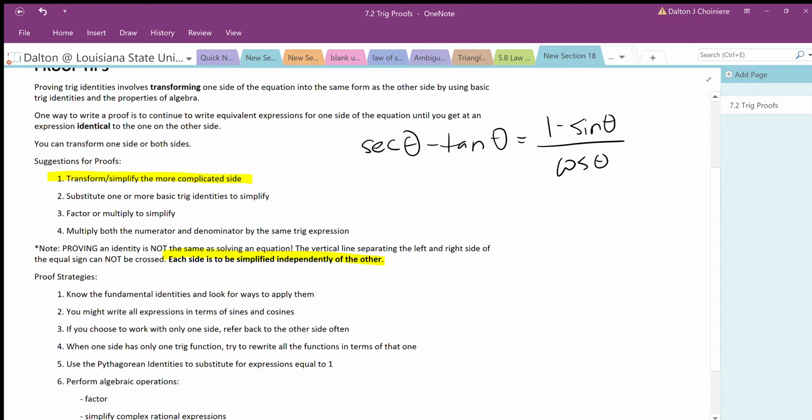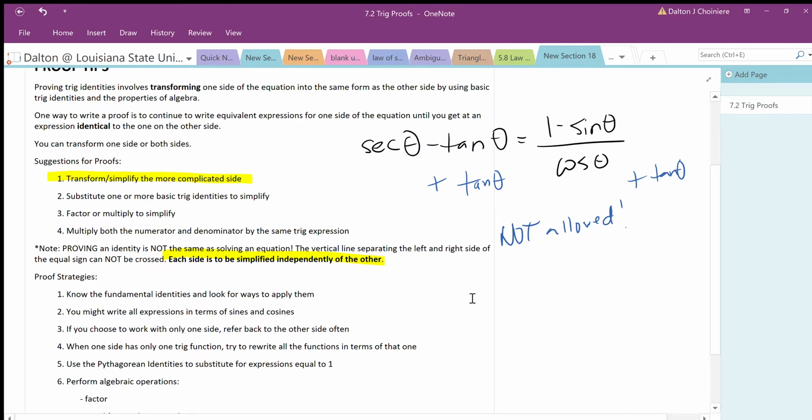Even though I mentioned using algebra for a proof, for this equation that I have here, you cannot do things like add tangents to both sides. Okay, that's not allowed. You're not allowed to cross over that equal sign to the other side. You can do algebra on one side independently of the other for a proof. Okay, so it's not like solving. It's not like getting x by itself. It's a little bit different.